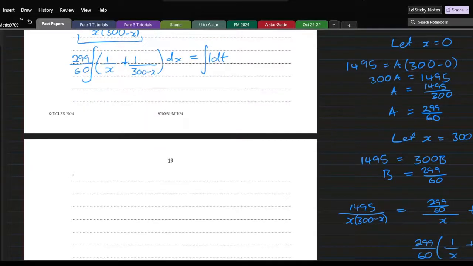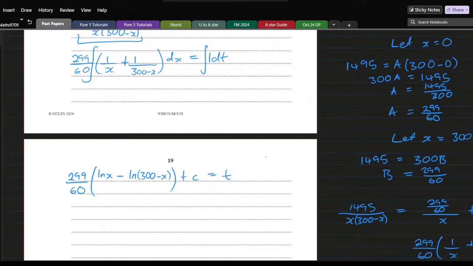So on the left hand side we've got 299 over 60, and then if you integrate 1 over x you get ln x. If you integrate 1 over (300 minus x) you get negative ln (300 minus x), plus a constant of integration, and this is equal to, if you integrate 1 you get t.